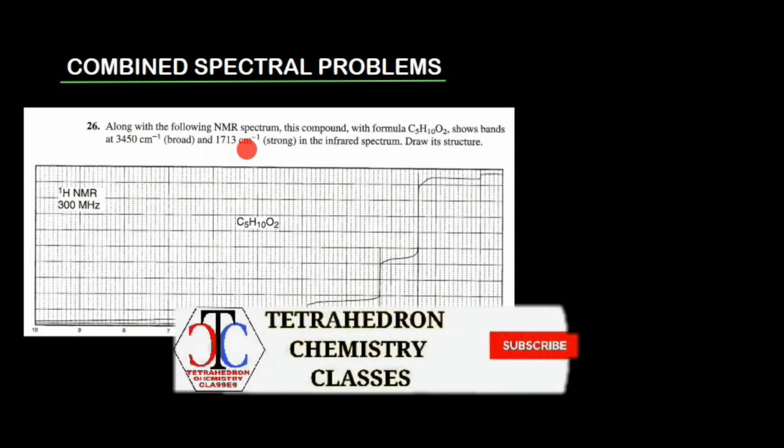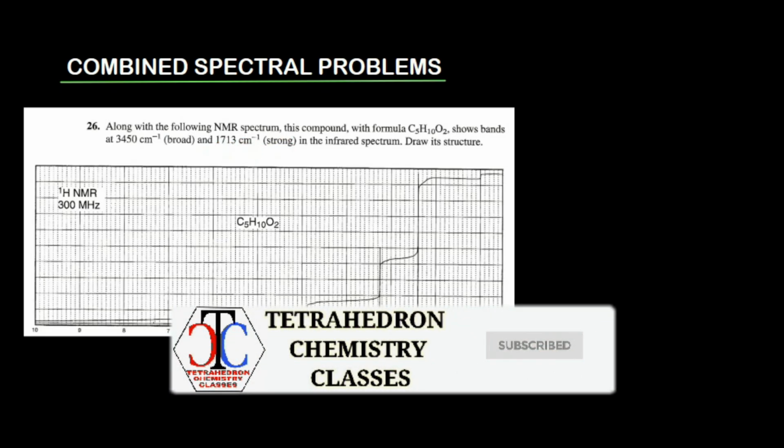And what is the problem? Along with the following NMR spectrum, this compound with molecular formula C5H10O2 shows a band at 3450 cm⁻¹, which is broad in nature, and 1713 cm⁻¹, a very strong band in the IR region. Draw its structure. So this is a quite simple looking problem.